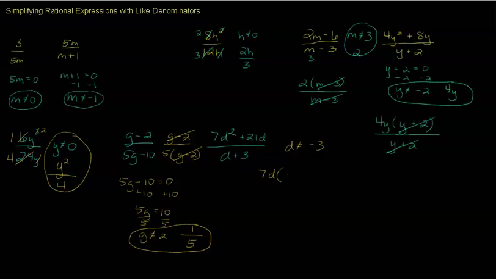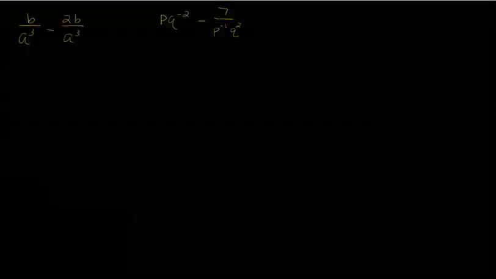We factor out that, we're left with d plus 3. And on the bottom, we have d plus 3. Cancel those two out, and so you're left with this as an answer. Bada bing, bada boom.